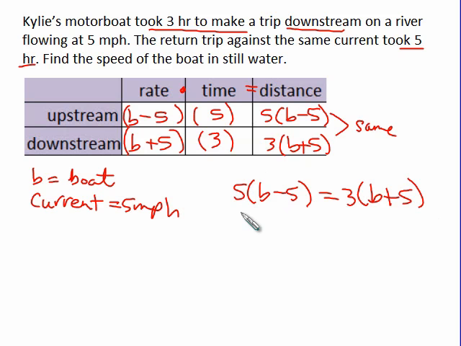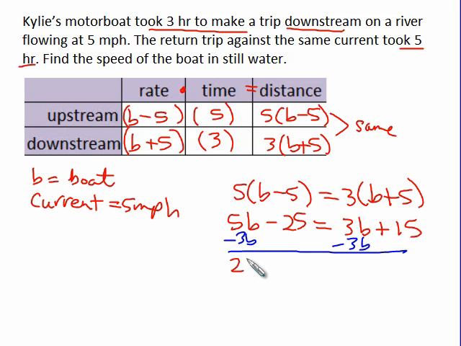I'll start by distributing. So we have 5b minus 25 equals 3b plus 15. I typically start with my variables to solve, so since I have fewer b's over here, I'll subtract 3b from both sides. That leaves me with 2b minus 25 equals 15.